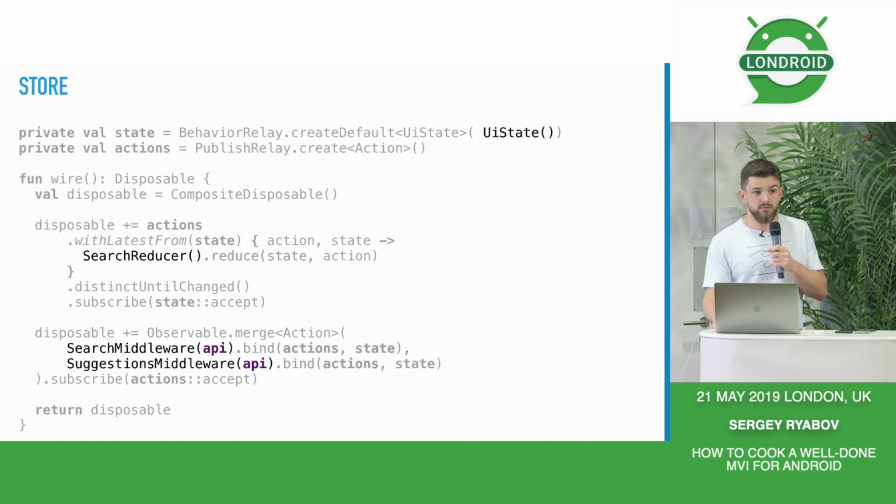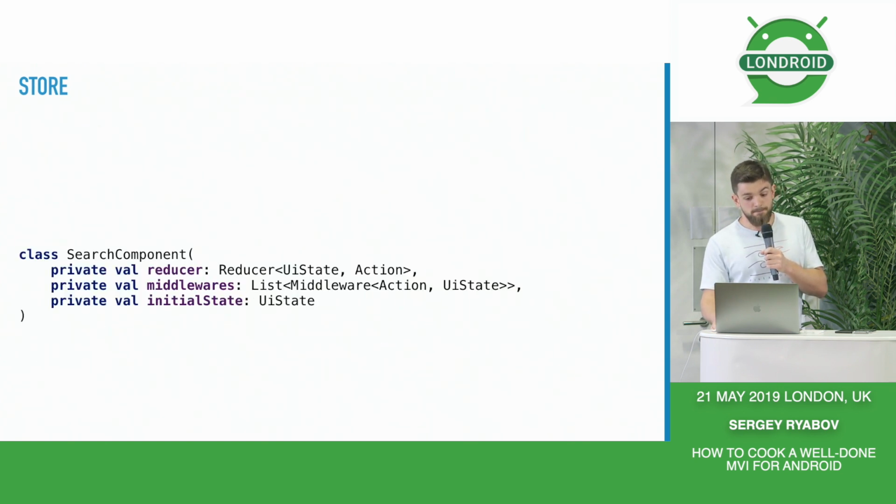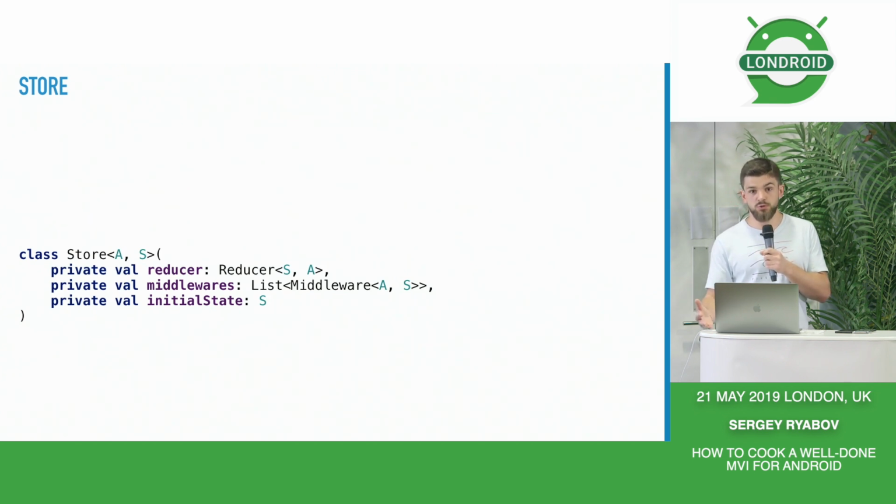Let's just abstract them as parameters. We'll provide them through DI, for example. Introduce some generalization through generics, and here we have our reusable store class that is basically capable of all the functionality of our small Redux implementation.